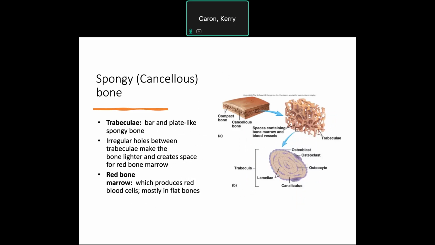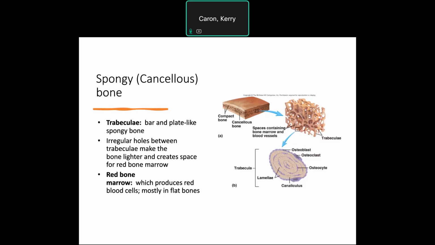Then there's spongy bone or cancellous bone. And there's a lot of words here. Trabeculae. Trabeculae are the cancellous bones are, so you have compact bone on the outside of this flat bone, and in between you have some spongy bone or the cancellous bone. And that cancellous bone is spongy, kind of looks like a sponge, and it's got openings, it's got holes, it's got almost like pores, it's got space between them.